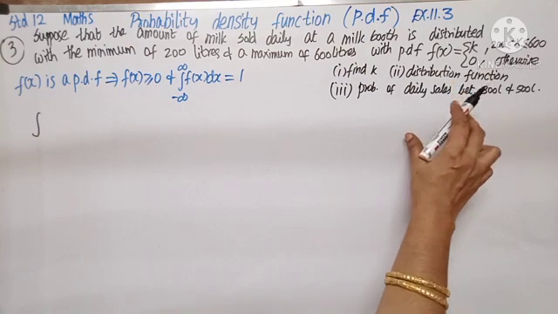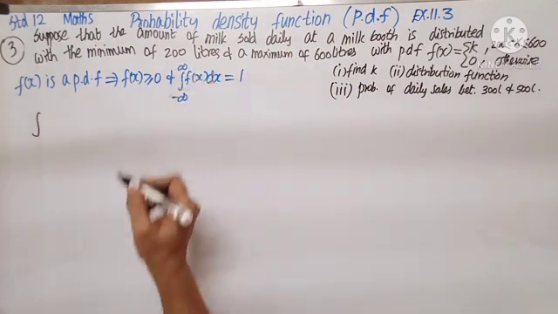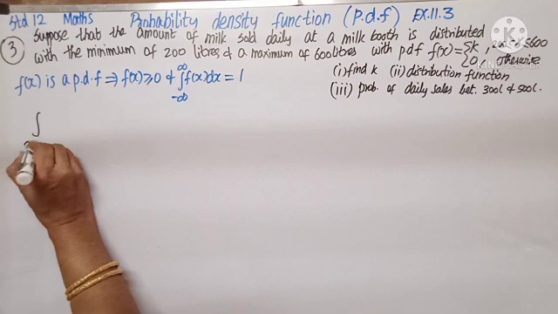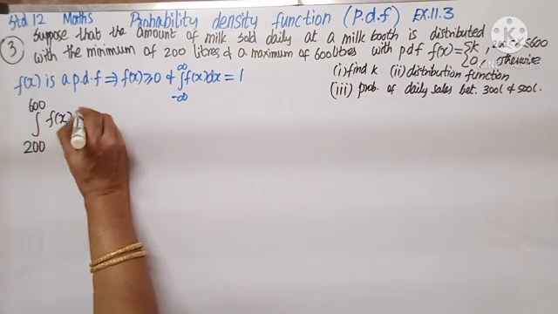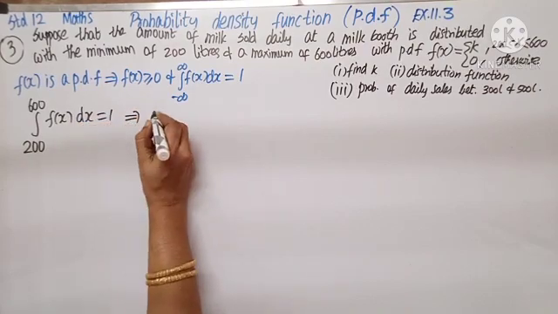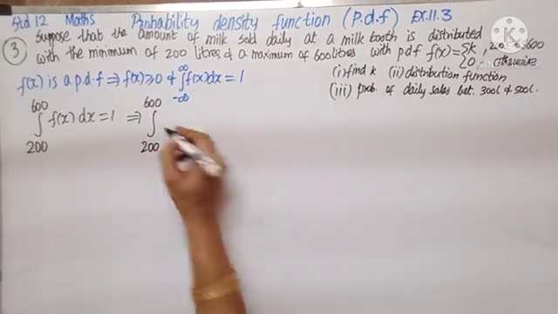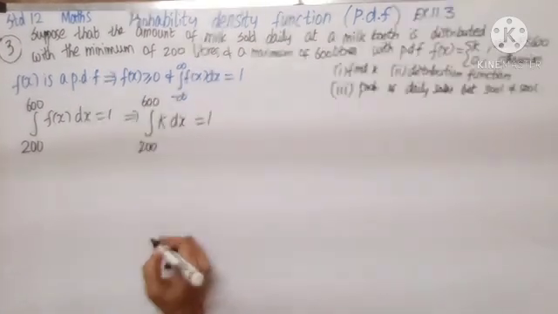As I integrate 0, 0 only will come. So minus infinity to infinity is redefined as integral 200 to 600 f of x dx equal to 1. Here 200 to 600, f of x is given as k dx equal to 1.